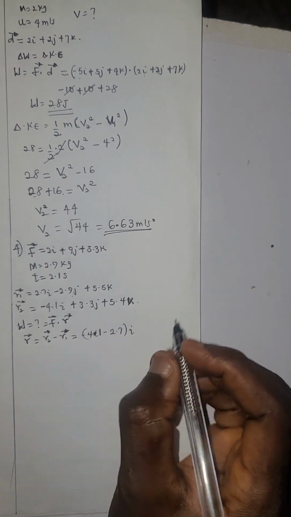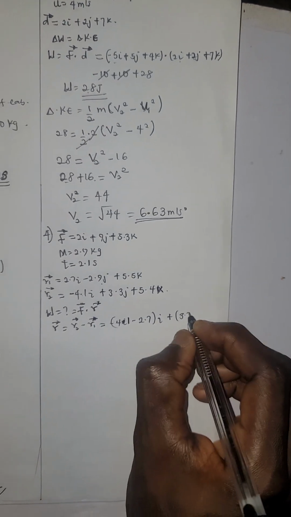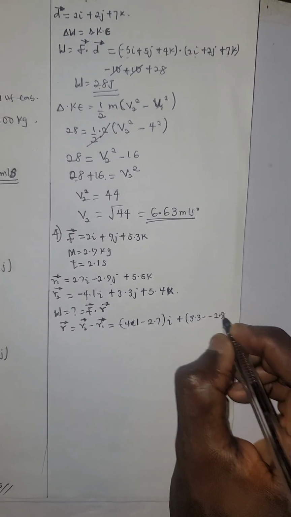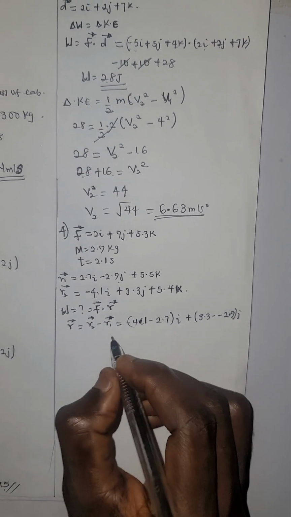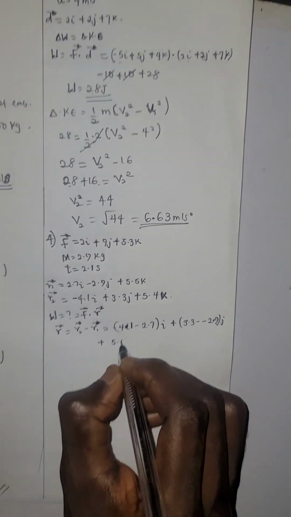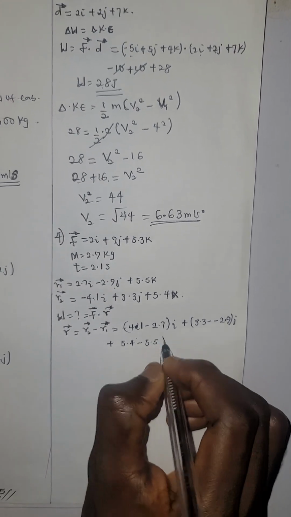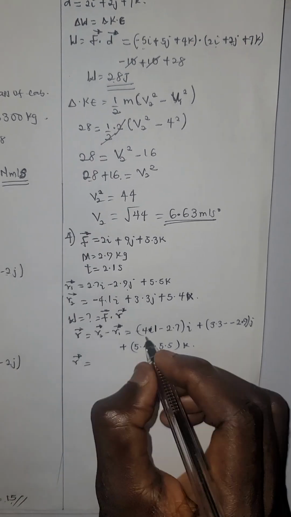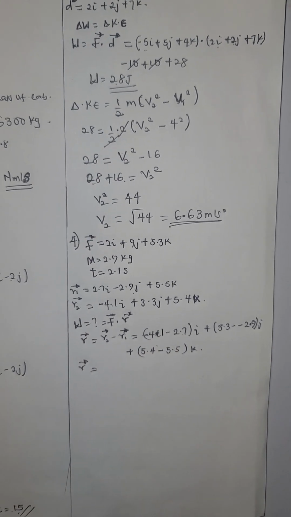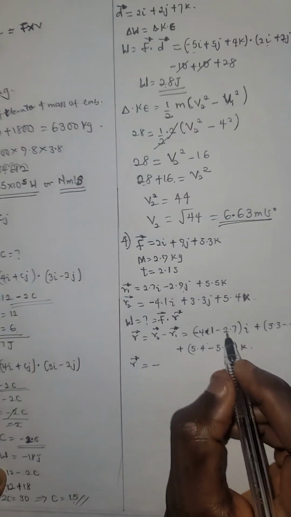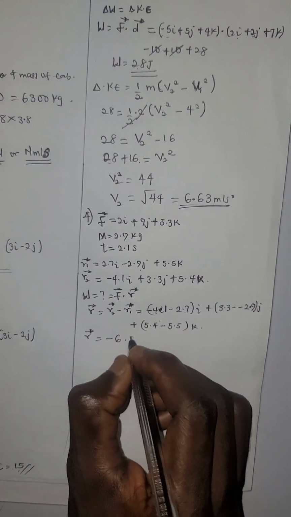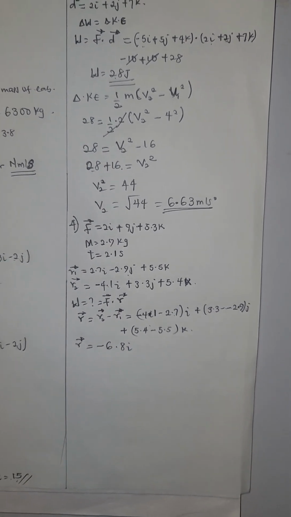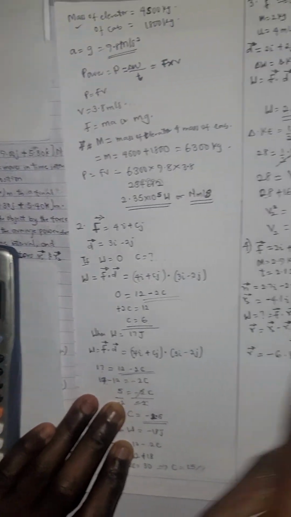Then this one minus this one will be 3.3 minus 2.9 in j, and 5.4 minus 5.5 in k. So our vector R will now be equal to minus 4 plus this, we have minus 6.8i. This one will now be plus, we now have 3.3 plus 2.9.